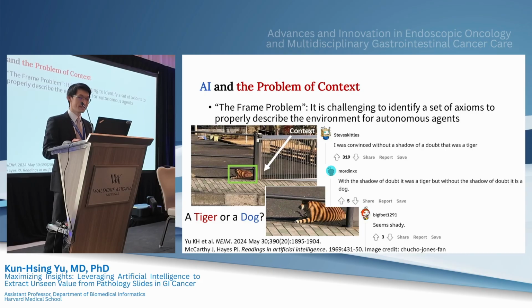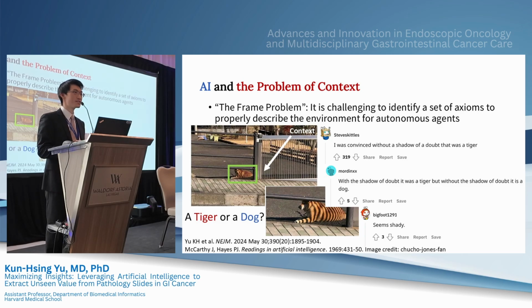So what does this all mean in academic terms? Let's forget about these terms and look at a specific real-world example. So here's an image taken from the internet. And the question to all of us is, what is this animal? Is it a tiger or a dog? So at first glance, the morphology of this particular animal really resembles that of a tiger.